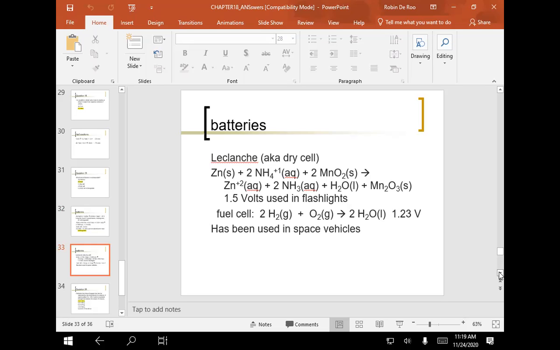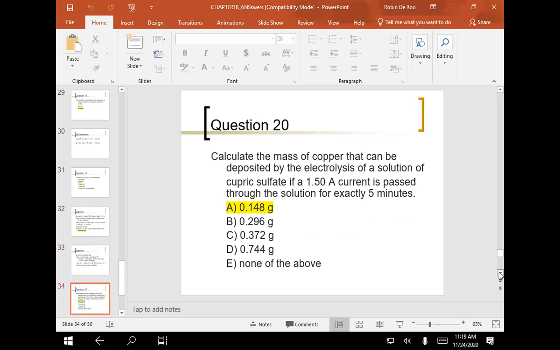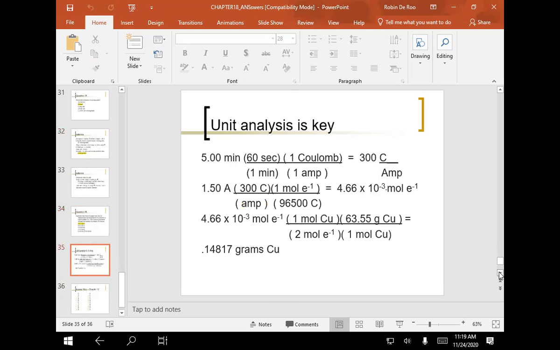So these are all from your book, the idea of the names of these cells. And this was doing the equation or the calculations and making sure you're using your units. And so this was just setting it up so that the units cancel and give you what you want.